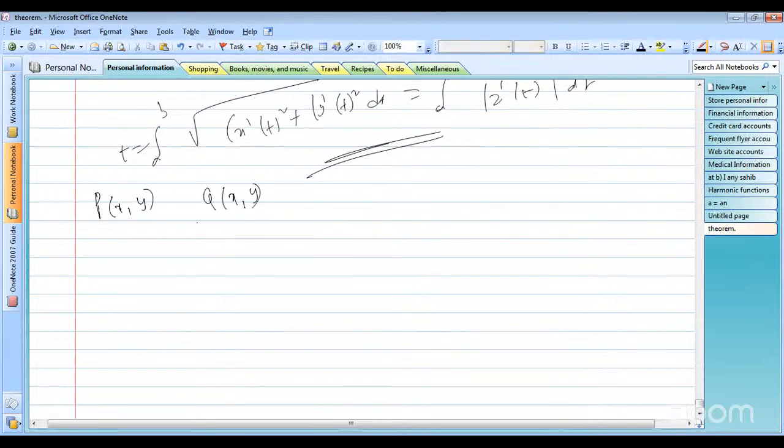P(x, y) and Q(x, y) are two real functions, continuous at every point, with z(t) = x(t) + i y(t).